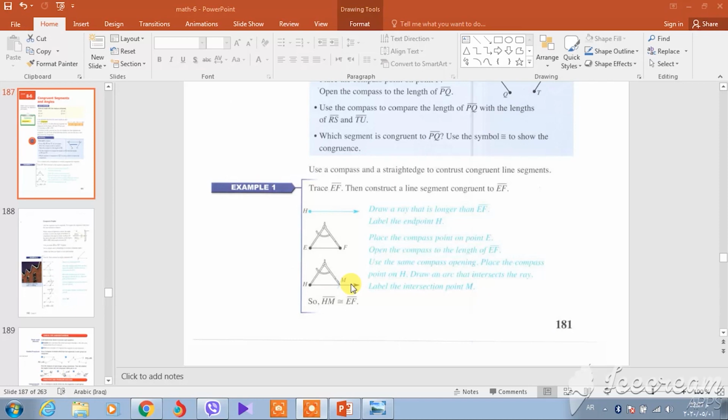You can also name it CD or AB; all of them are right. So you can say line segment EF is congruent to line segment HM because they have the same length, by using the compass. Also, you can use a protractor, compass or ruler. And now I want to show you a video about how you can use a compass or ruler.